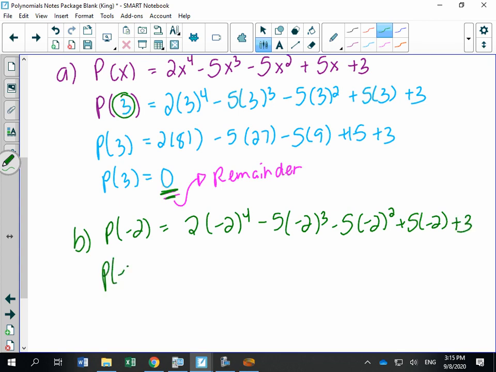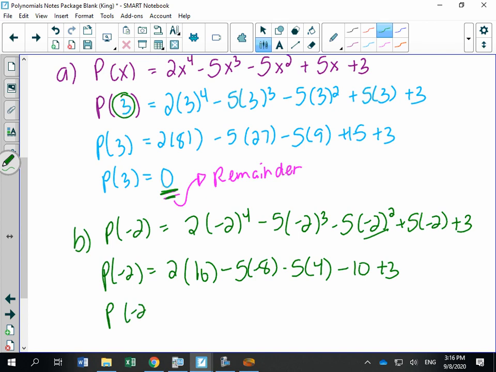P of negative 2 is equal to 2 times negative 2 to the power of 4, which is 16, minus 5 times negative 8, minus 5 times negative 2 squared, which is 4, minus 10 plus 3.